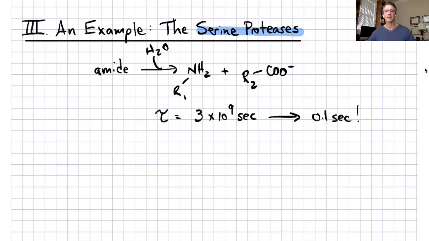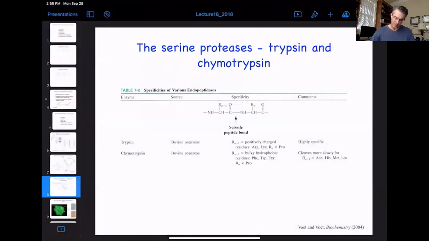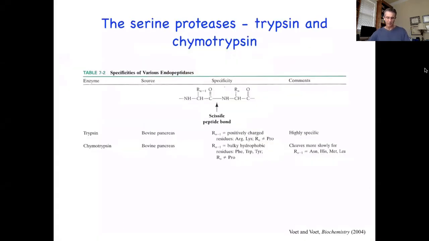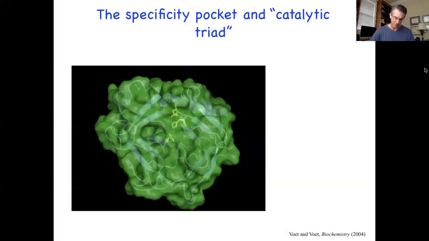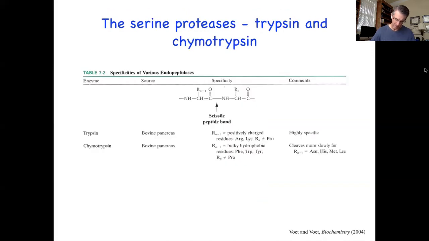All right, and we're going to see, as I alluded to, the application of just about every one of those catalytic strategies, with the exception of metals in this case, to make this reaction really get going. Just to remind you of some basic things about the serine proteases: they represent a large family of proteases.